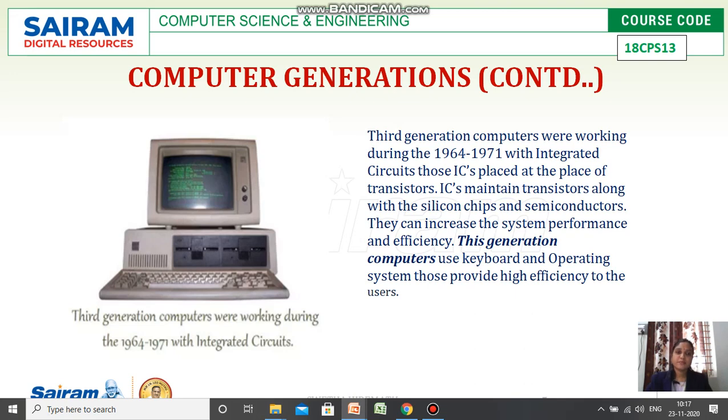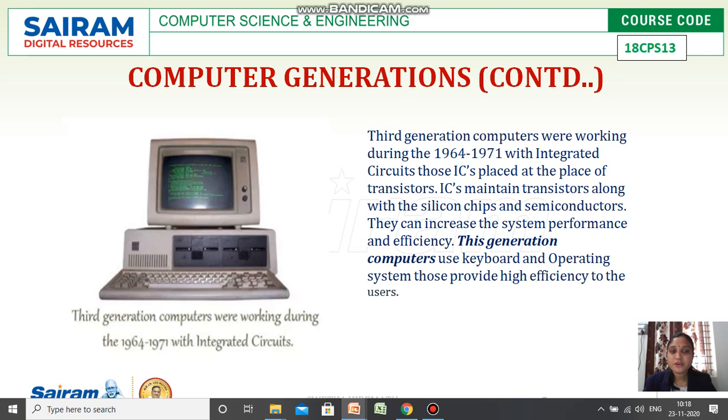Next, third generation computers were very much compact when compared with the first and second generation computers. They were working during 1964 to 71, and they made use of integrated circuits, that is IC chips, in place of transistors. Along with the silicon chips and semiconductor cells, these semiconductor cells were used to store the data in the memory unit.